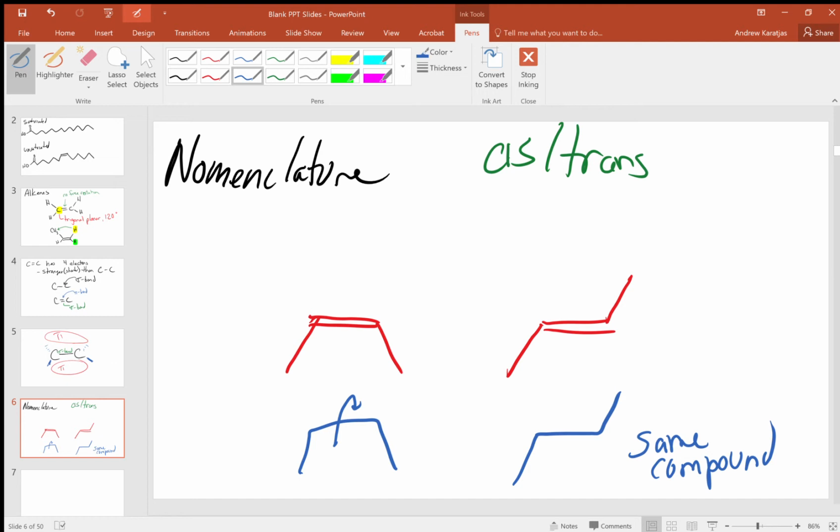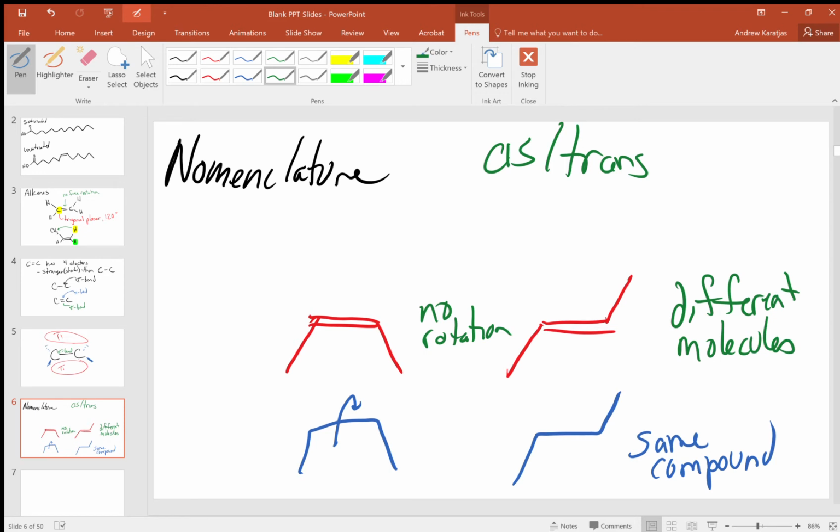But with the alkene in there, no rotation. And so these are different molecules. Now the one on the left has the hydrogens on the same side, and it also has the carbon groups on the same side.